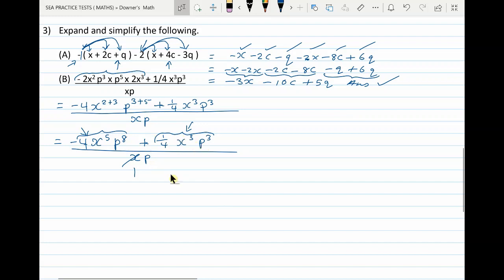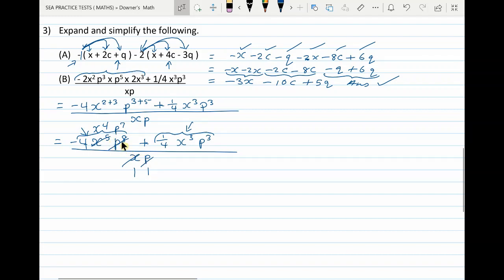So let's do that. Let's say x into x to the power 5 here will give you x to the power of 4. Then when this p cancels here with itself, p will go into p to the power 8, p to the power 7. Because of course when we divide, x is really x to the power of 1 understood here. And when you divide x to the 5 by x to the 1, we have to subtract the indices.